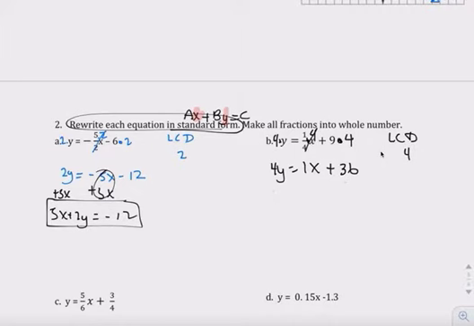Get rid of 1 with the x. Minus x, or 1x. So negative 1x, or just negative x, plus 4y, because that's a positive y, equals a positive 36.